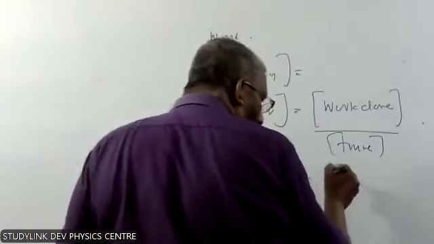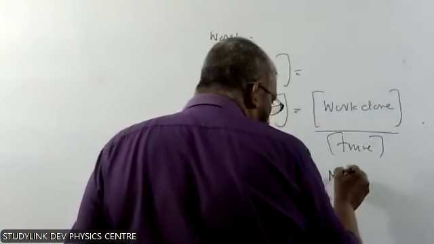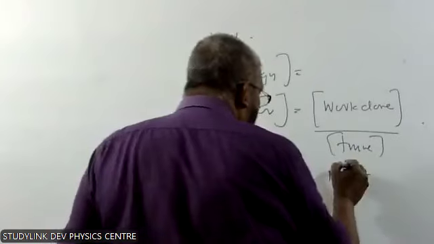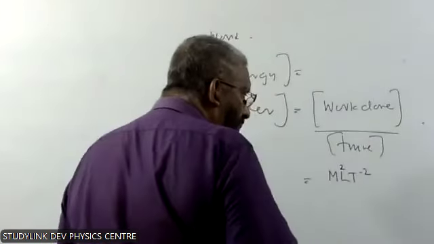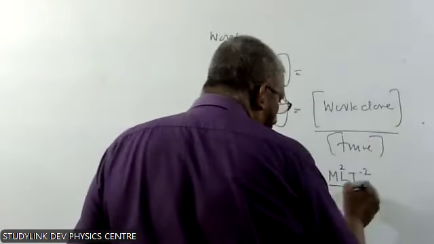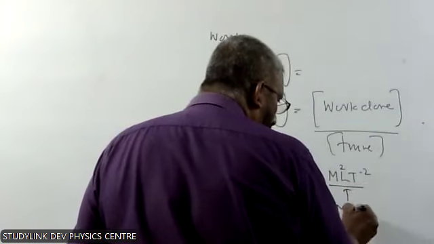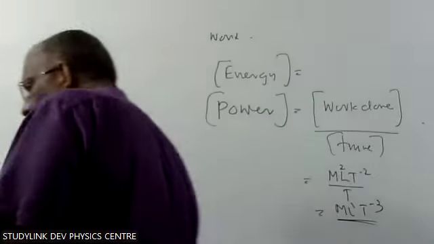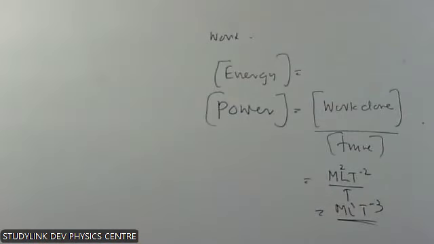Work done dimensions: MLT minus 2, that is force, ML square T minus 2, divided by T, then ML square T minus 3. That is power.